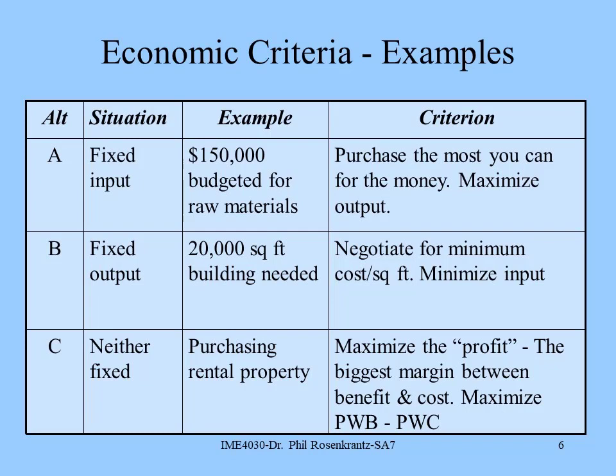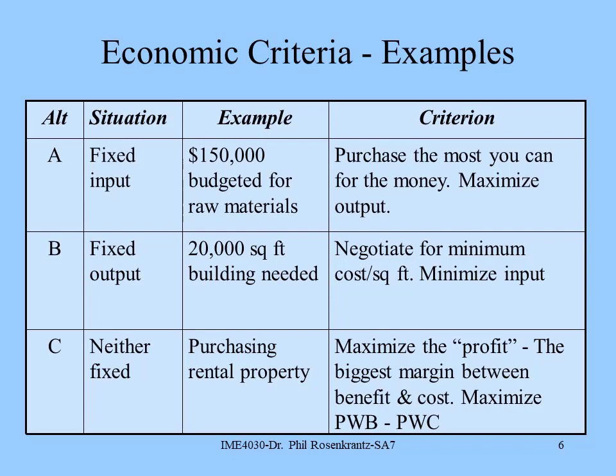We know what equipment we're going to be putting in. We know how much office space we need, and we need no more than a 20,000 square foot facility. So, if we look at alternatives, we'll be looking at alternative ways of obtaining 20,000 square feet, and our goal is to get that for the least cost, and so we want to minimize the input.